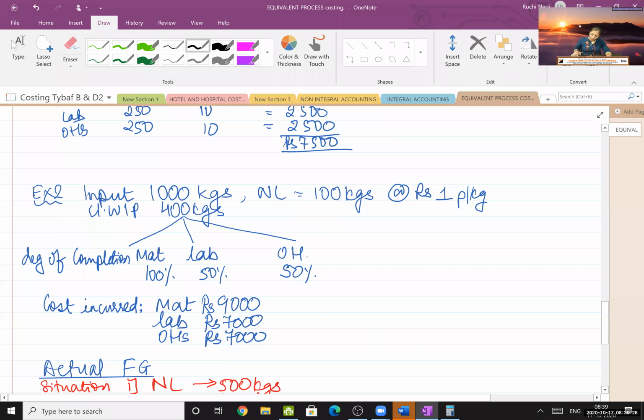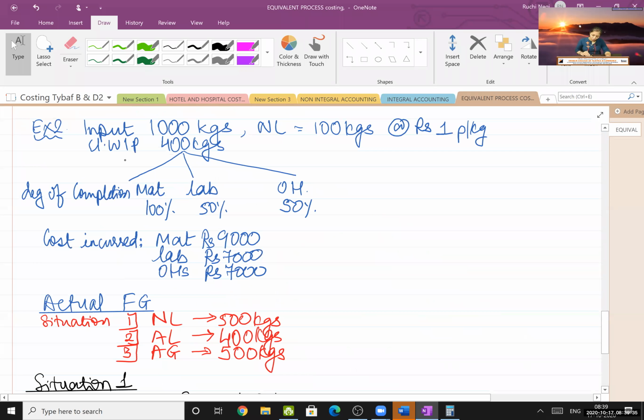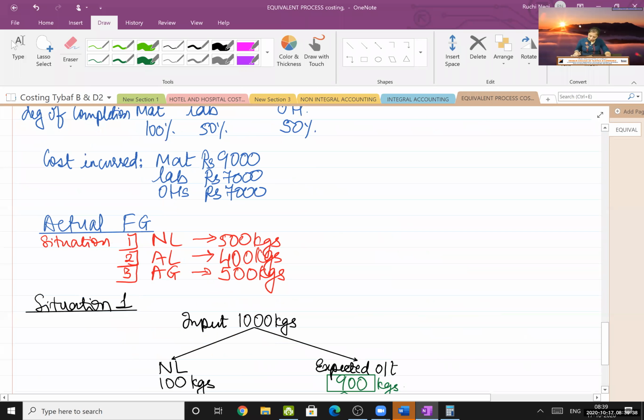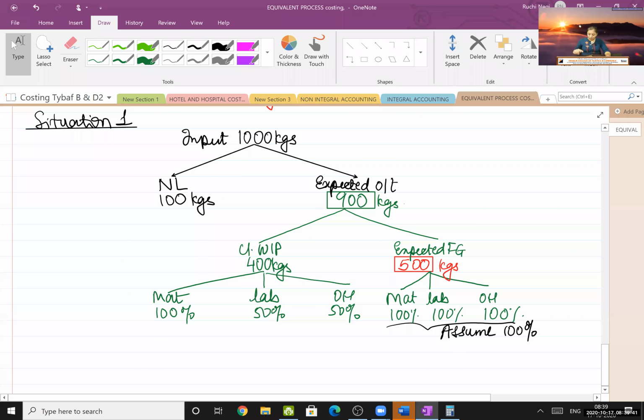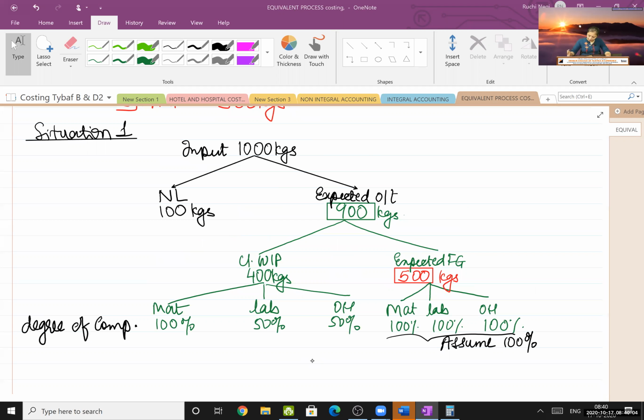So balance 900 is expected output. From the expected output, closing WIP is 400. So balance 500 is expected finished goods. Degree of completion is given for closing WIP. Last lecture I said degree of completion for closing WIP will be given. So make a note of this. Did you understand this? Acknowledge it in the chat box. Then I'll continue ahead.